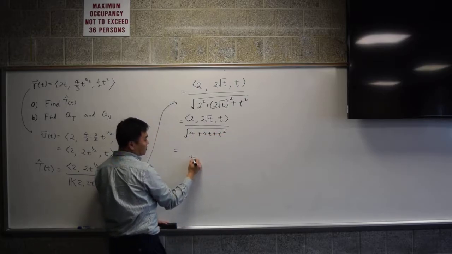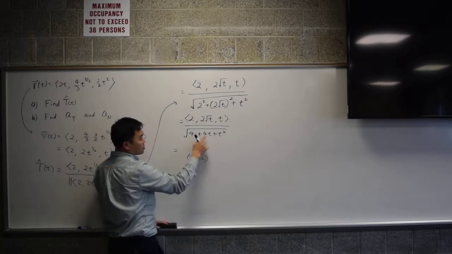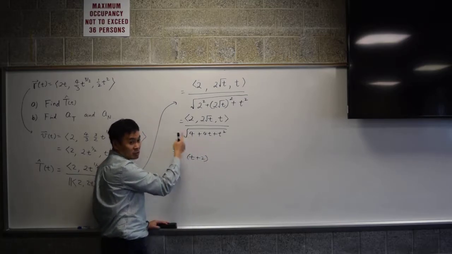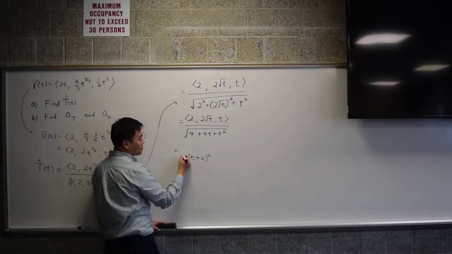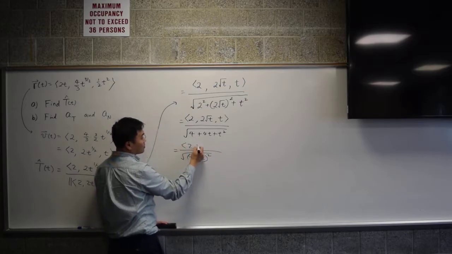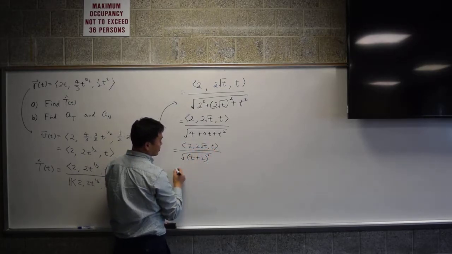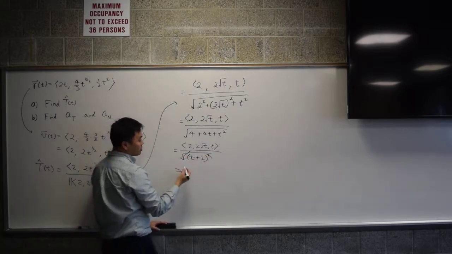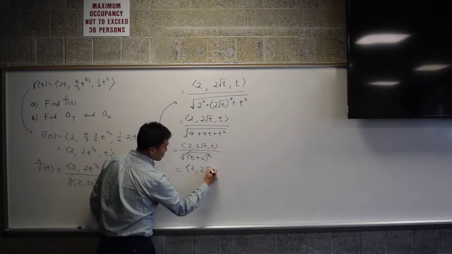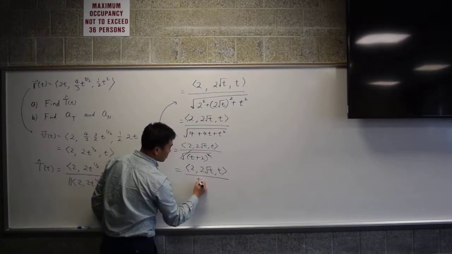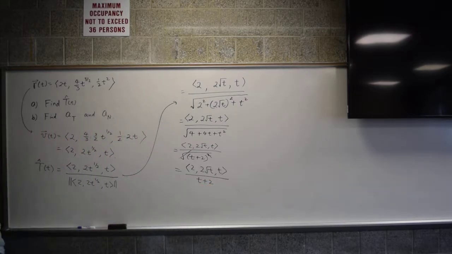If you factor it, it's t plus 2 times t plus 2. If you look for two numbers that add to 4 and multiply to 4, those are 2 and 2, right? So you end up with t plus 2 squared. The 2 and the square root cancel, leaving you with 2 radical t comma t over t plus 2 as your tangent vector. Okay, that part we did a couple of lectures ago, that's why I did it rather fast.